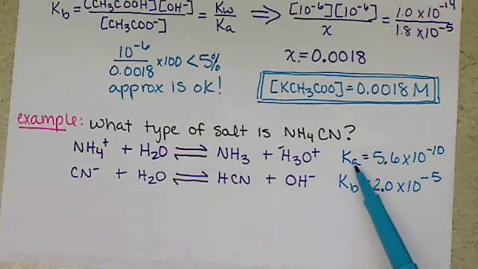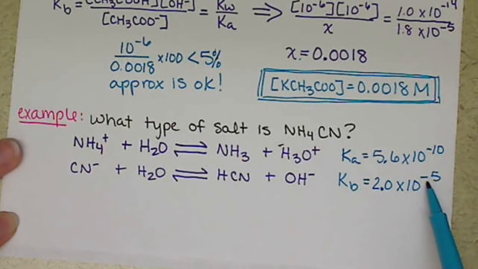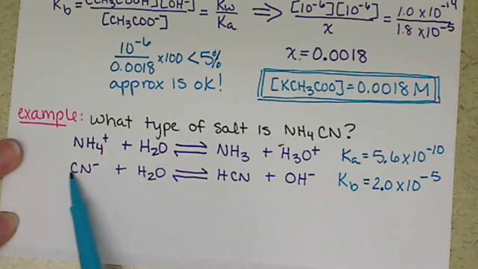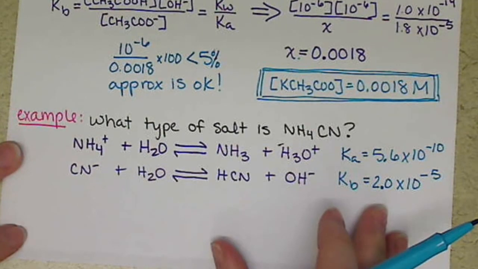So we want to look at which equilibrium is going to more heavily favor the products. In this case, Kb is greater than Ka. 10 to the negative 5 is larger than 10 to the negative 10. So our second equilibrium here is favoring the products more, meaning we're producing more OH-. So NH4CN is a basic salt.